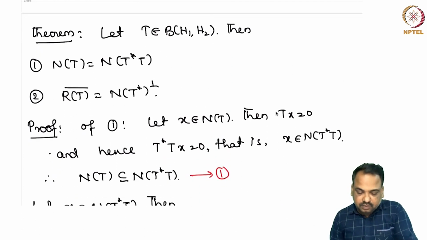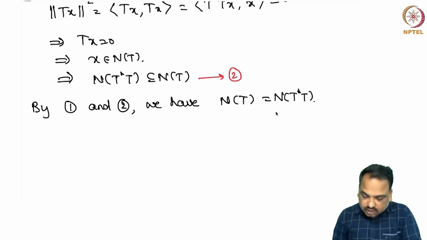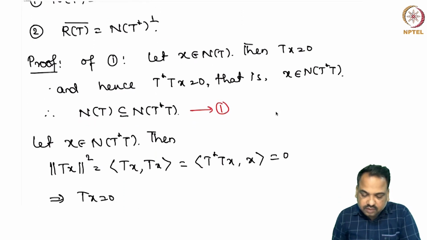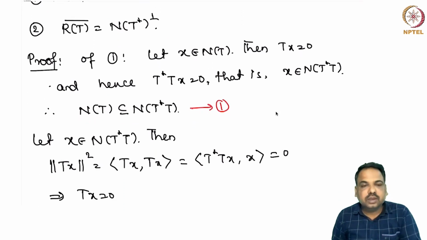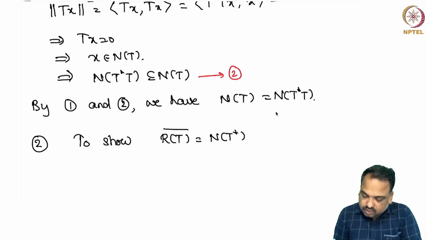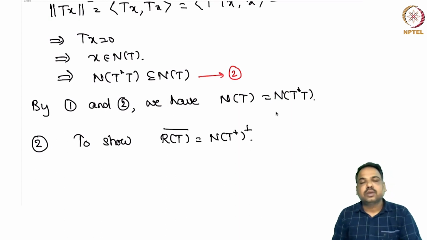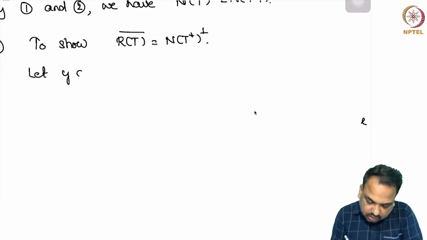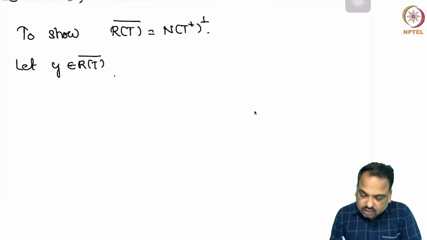Okay. Now let us look at the second one. We want to show that range of T closure is null space of T star perp. So let us take y in range of T closure. We want to show that y is in null space of T star perp.